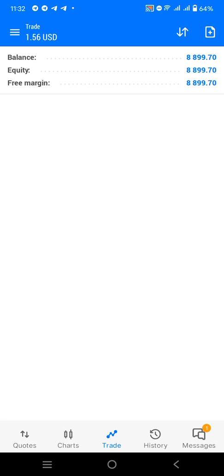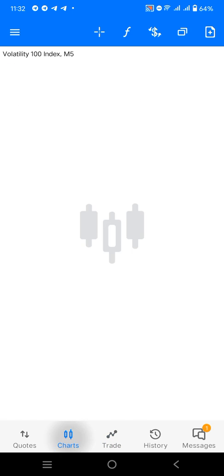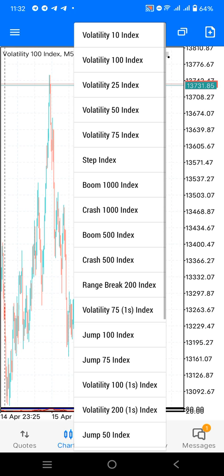Okay guys, 1.56, power high and power low strategy.